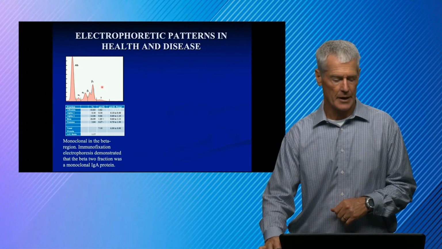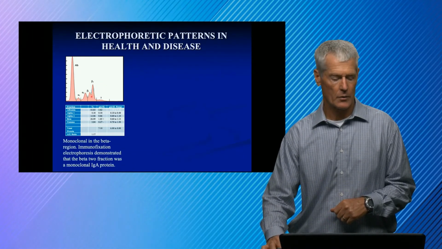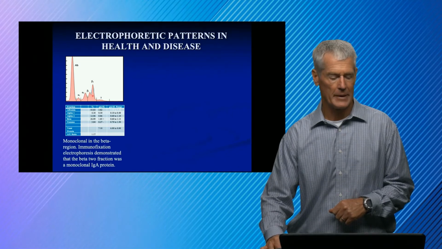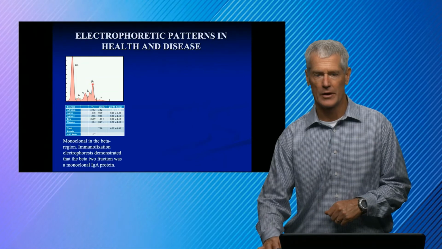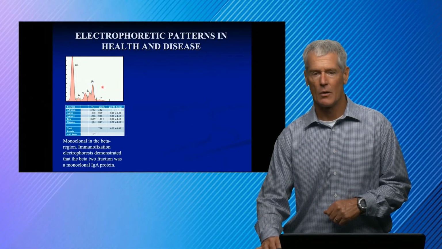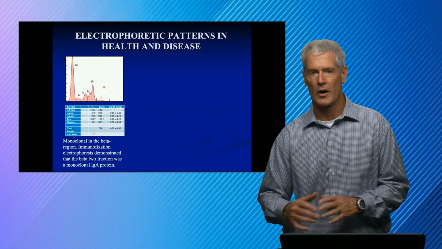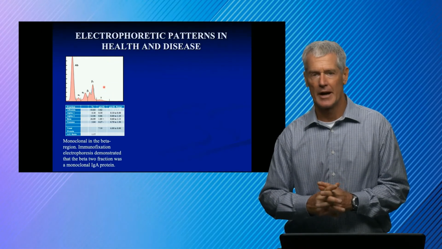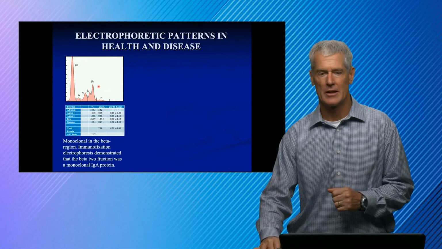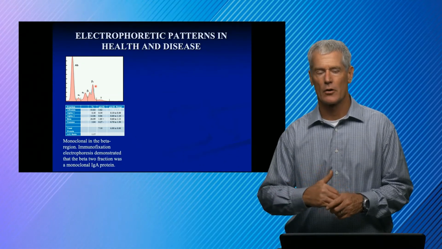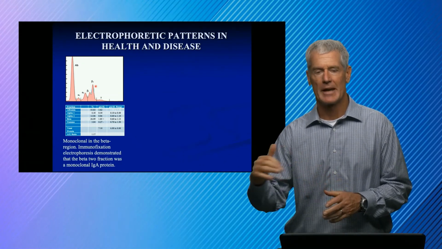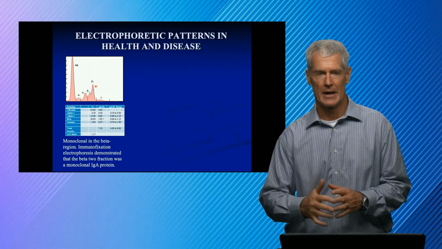This is another, so here our beta 1, our beta 2 looks funny. It's more elevated than you would expect it to be, and so you don't really know what's going on until you run an IFE. And when we ran an IFE on this patient, there was actually a monoclonal protein that was no longer showing up in the gamma region, but it was showing up in the beta region.